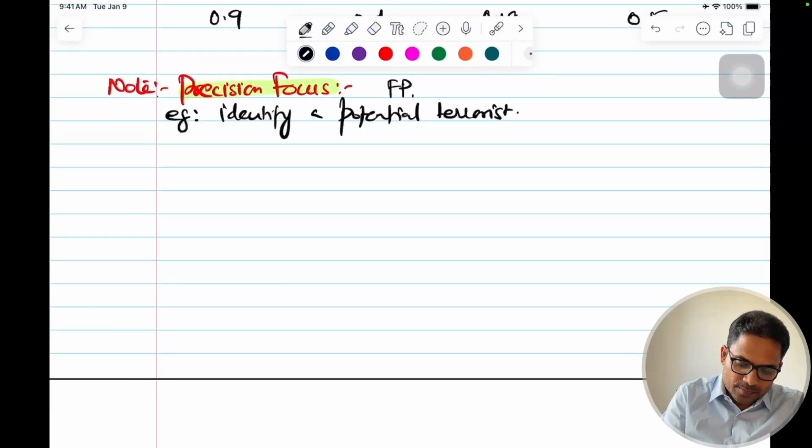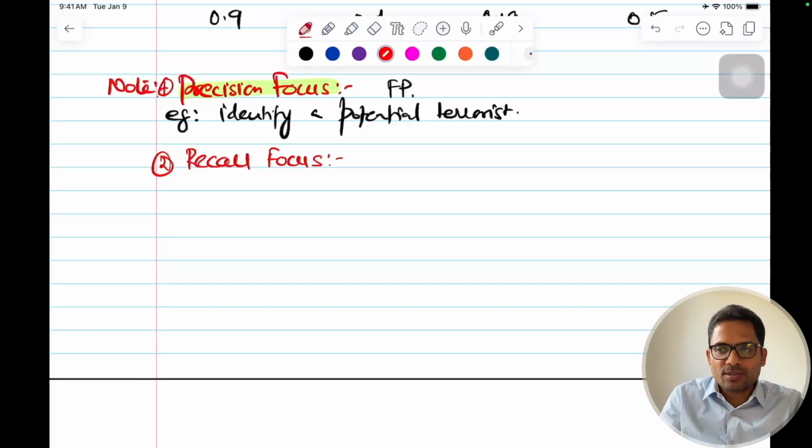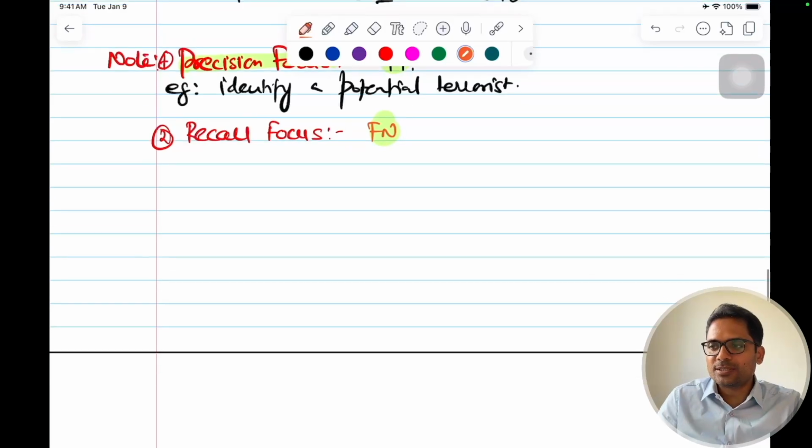Similarly, the other way around, when should we focus on recall? Because this F1 score is a harmonic mean. When the cost of making a false negative is very high, the impact of having a false negative is very high. So what is such a case?